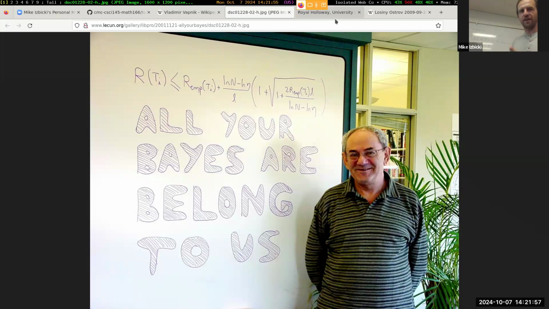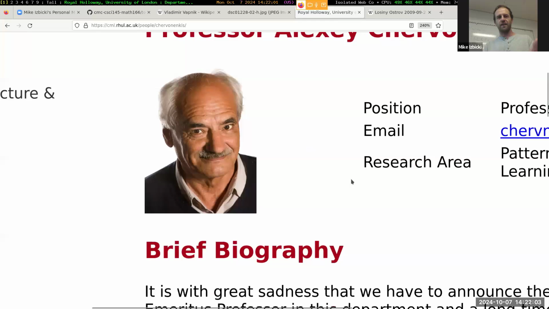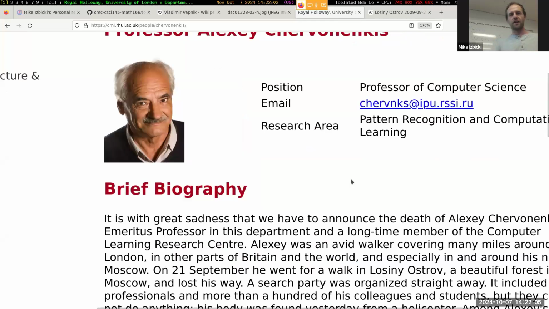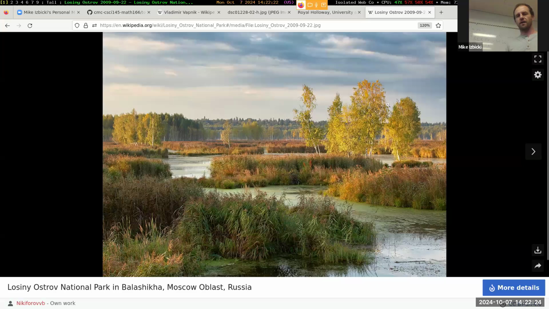So this is Vapnik, and this is Chervonenkis, and I've zoomed in on his obituary here. He was also born and raised in the USSR. He stayed around after the Soviet Union collapsed. And just a couple of years ago, I think about 4 years ago, he was found dead in this swamp right here.